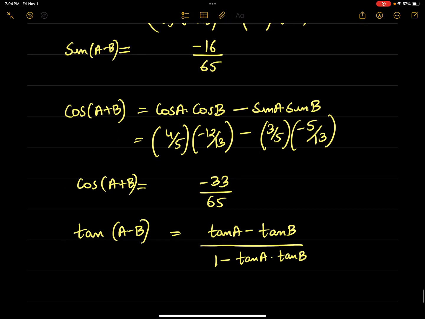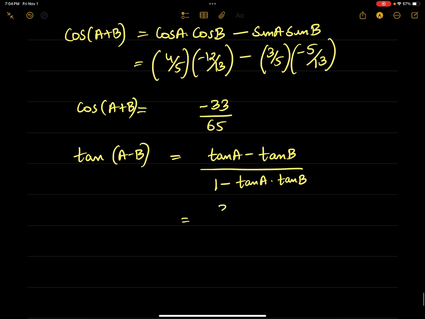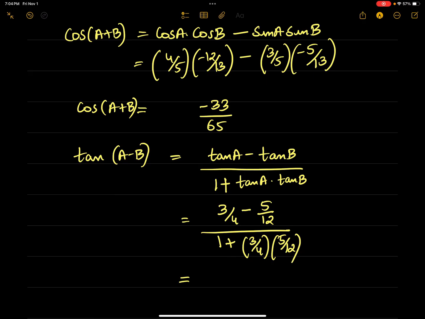Let's apply that. 3 by 4 minus 5 by 12 divided by 1, oh this is plus, 1 plus 3 by 4 times 5 by 12. So this would be 16 by 63.